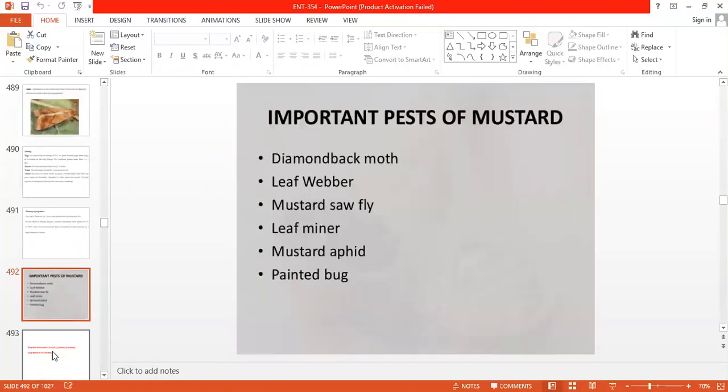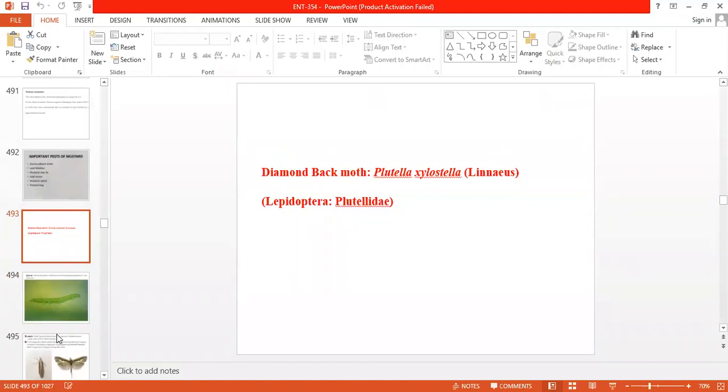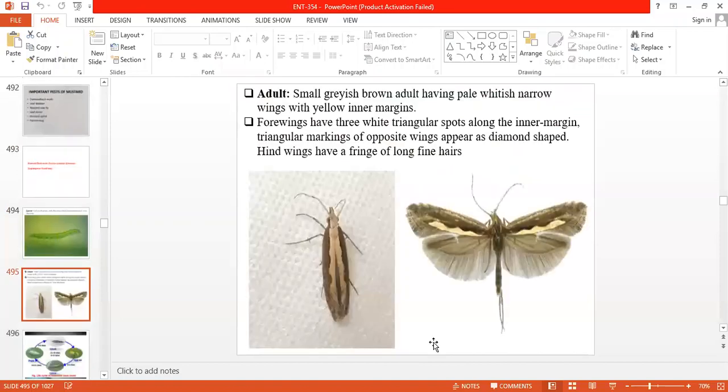Next oilseed crop is mustard. Mainly mustard is infested by the major pests: mustard sawfly, diamondback moth, and mustard aphids. First one, diamondback moth, scientific name Plutella xylostella, family Plutellidae, order Lepidoptera. So why is this pest called a diamondback moth?